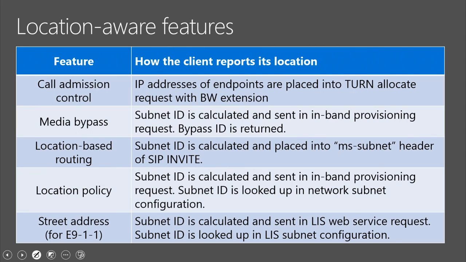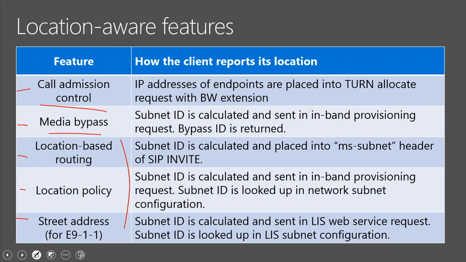For each of these features, the location gets reported a little differently, and that will affect some of the things we can do with the network configuration in Skype for Business. I'm going to spend a lot of time talking about call admission control and media bypass, not so much about these other features. But notice there are 2 differences here in how the client reports its location.